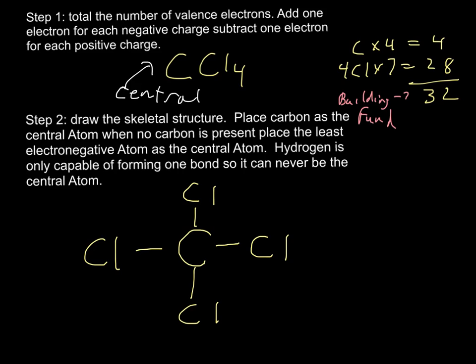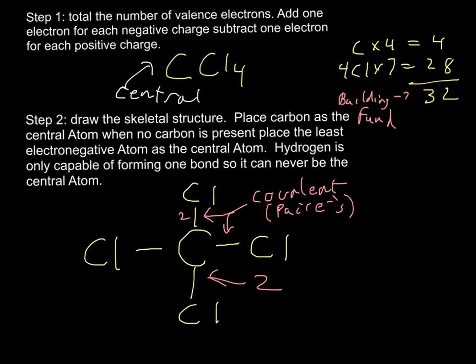Now, these lines represent a covalent bond, which, as you know, is a shared pair of electrons. And how many is a pair? 2. So how many electrons did I use to draw my skeletal structure?